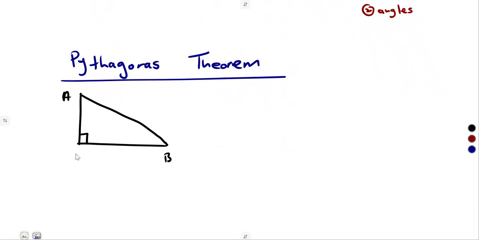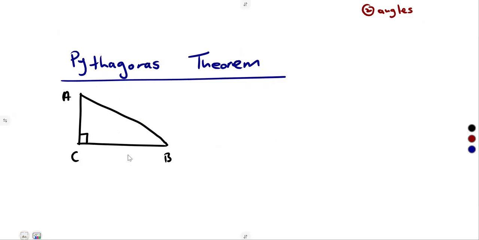Given a right-angled triangle like this, it follows that the square of the hypotenuse is supposed to be equal to the sum of the squares of these two shorter sides. Remember, the hypotenuse is the longest side, and we have the two shorter sides that are remaining.